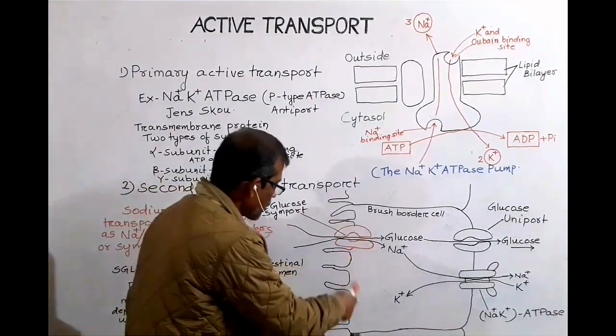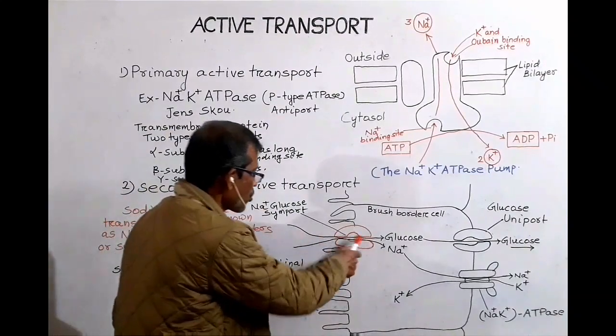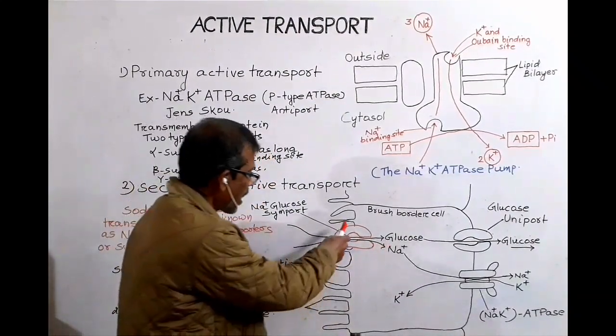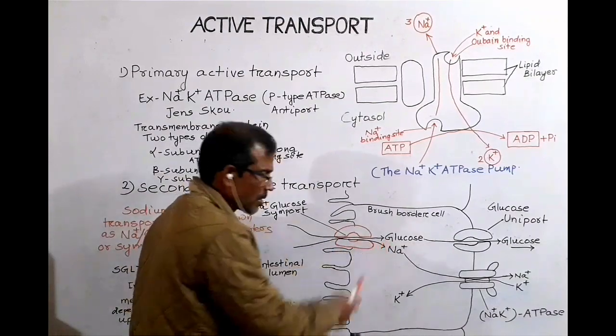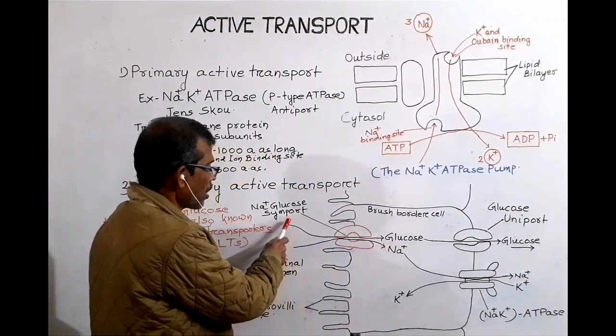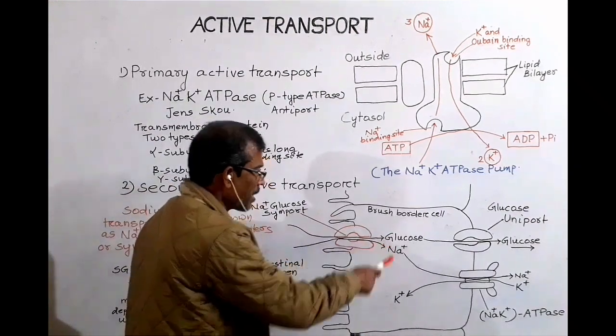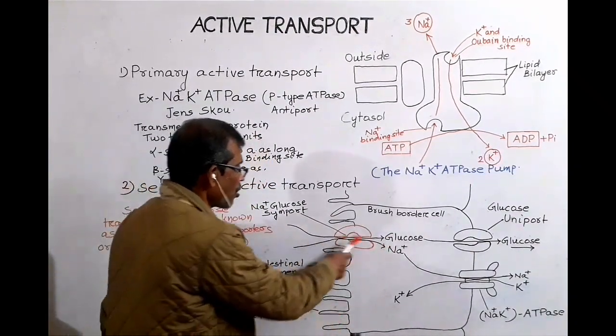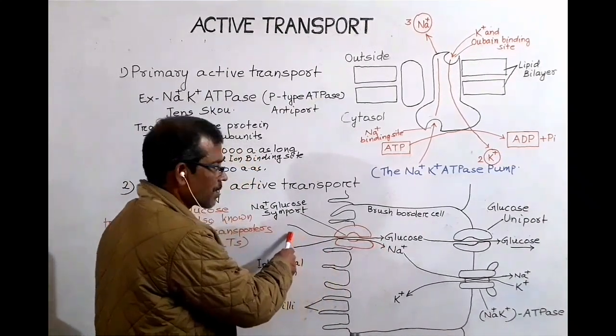In the apical membrane, the sodium glucose cotransporter is present. With the help of this cotransport system, glucose molecules are taken into the intestinal epithelial cells along with sodium ions from the intestinal lumen.